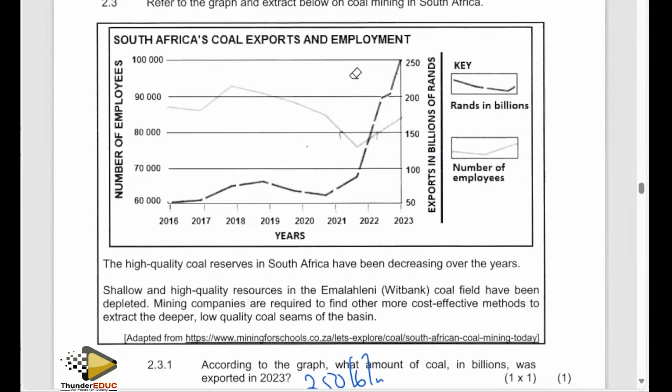If we check on our graph here, our graph declines at this particular point for the workforce, because this line here is the one showing the number of workers employed. If we check here, it was below 80,000, declining from over 90,000, to around 75,000 workers employed in the coal mining industry in South Africa.